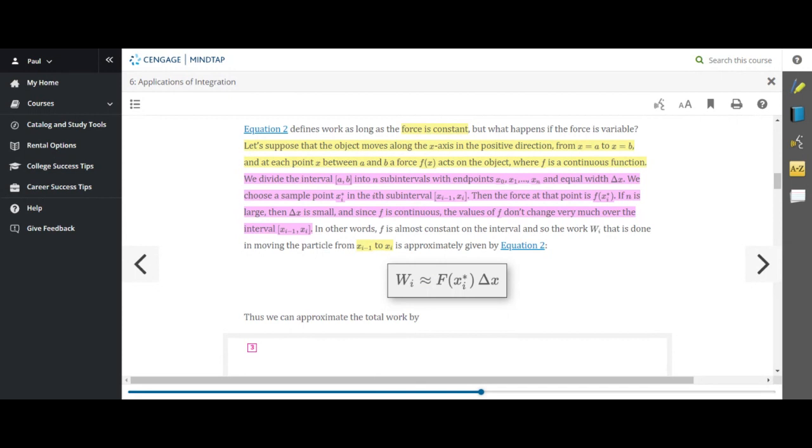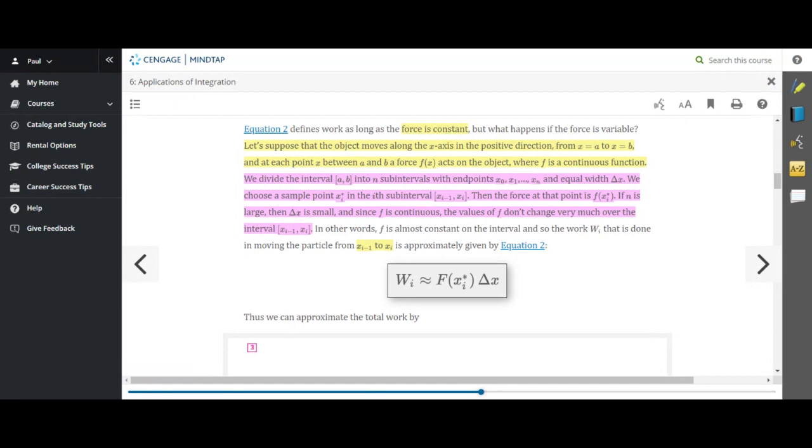But the work done in moving the particle along that one little subinterval is approximately equal to the force on the subinterval times delta x. And to get the force, we pick a position, like a value, in that subinterval. But since the subinterval is so small, basically the force is constant on that subinterval.